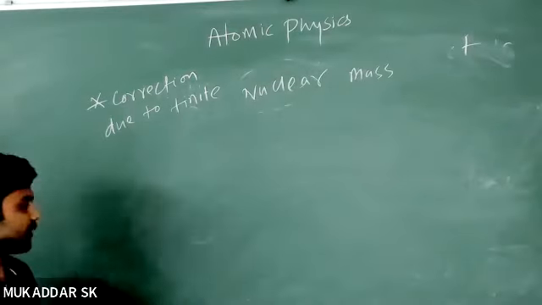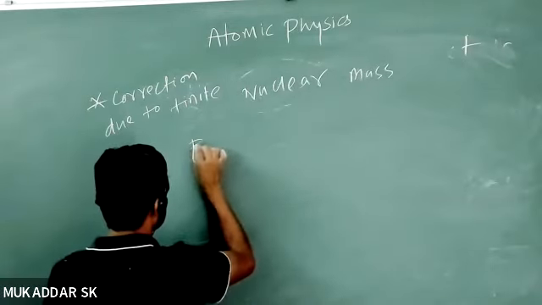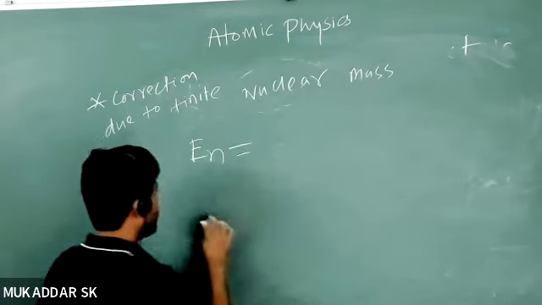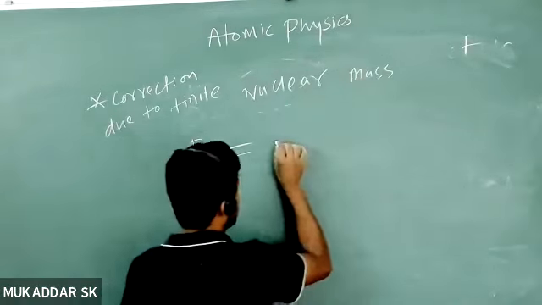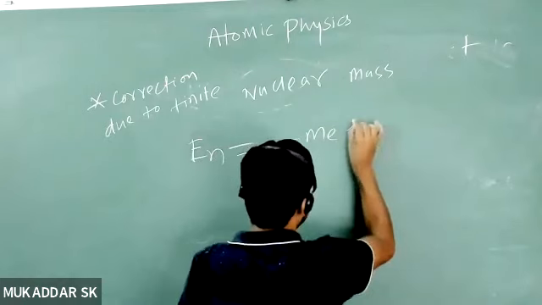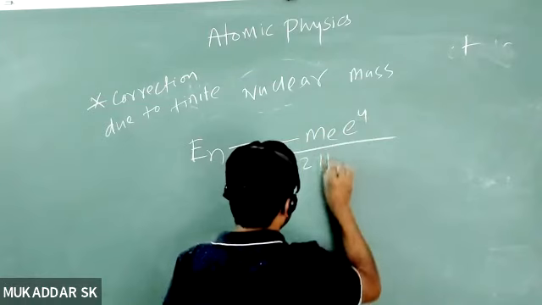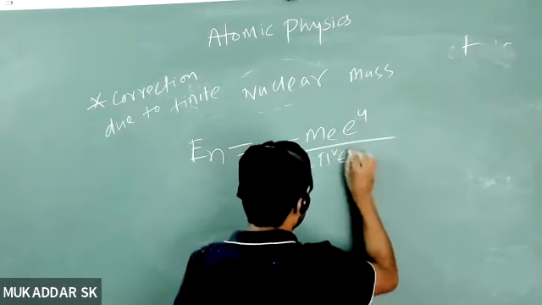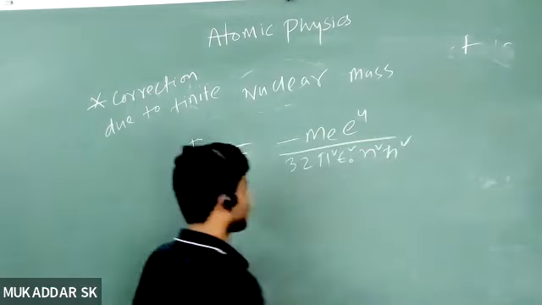Now, can you please write that expression for energy? So En will be the total energy of the system. That will be nothing but, if you remember, what I have derived: minus m_e e to the power 4 divided by 32 pi square epsilon naught square n square h cut square, right?